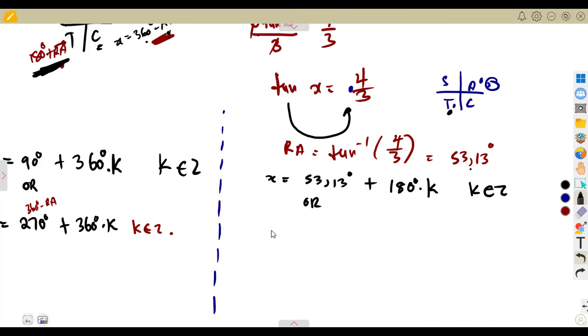So our x, you can also consider that to be something like 233.13 plus 180 degrees times k. Remember I said it is the mother of all solutions. It carries all the given solutions that you're going to have. So this is going to give us any solution within that interval.